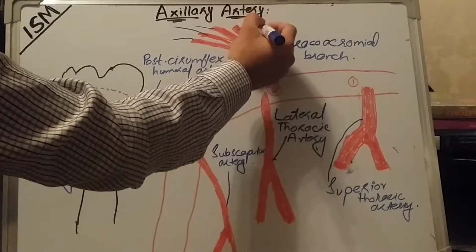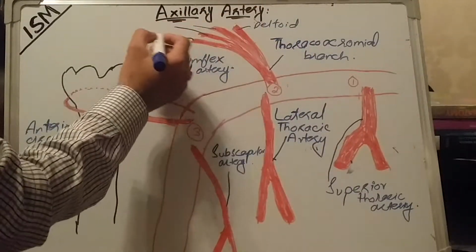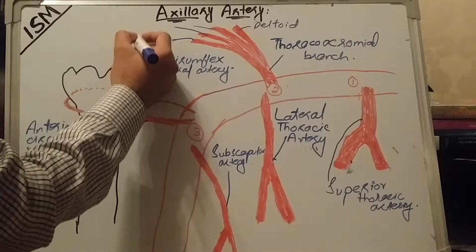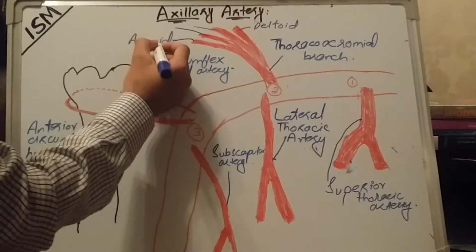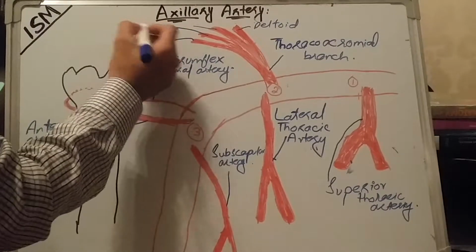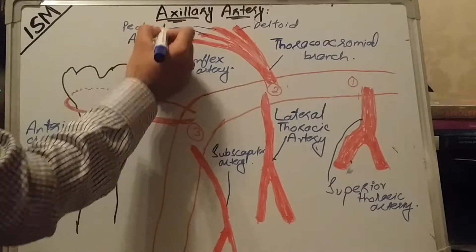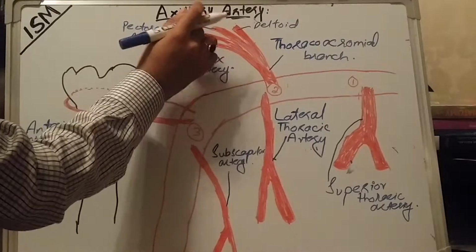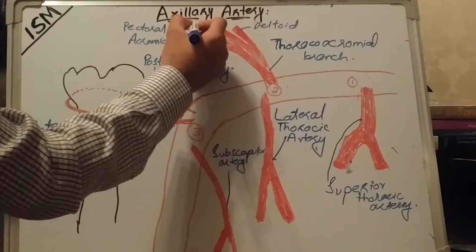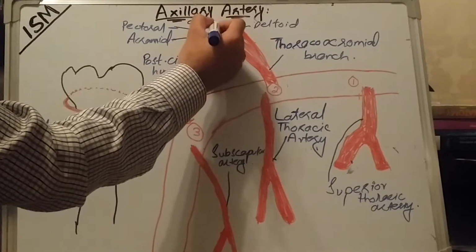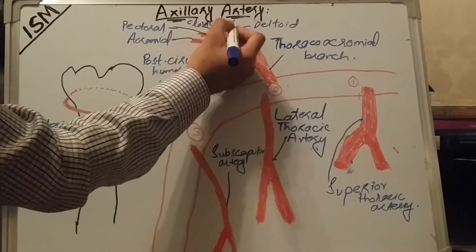So this one is the deltoid branch, this will be the acromial branch, the pectoral branch, and this one will be the clavicular branch.